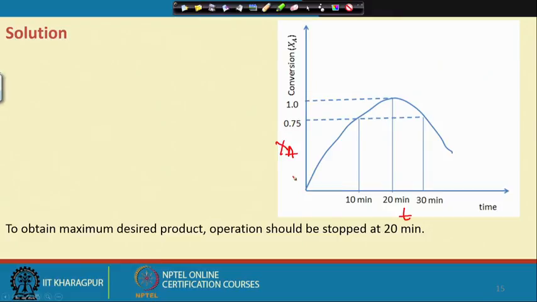Am I right? If we put this equation, you will find this correlation like this. That means at 10 minutes there is 75% conversion, at 20 minutes 100% conversion, but at 30 minutes, as per the calculation, it is coming back to 75% as per our equation.